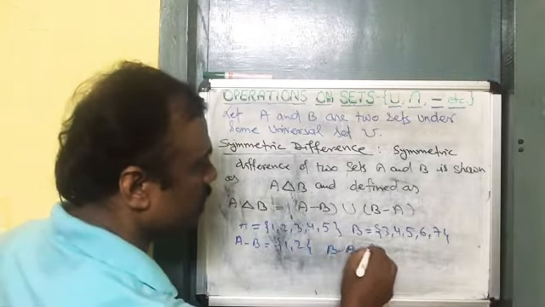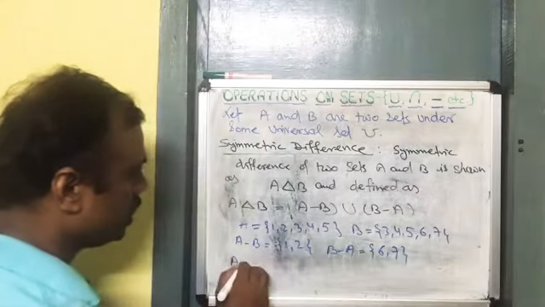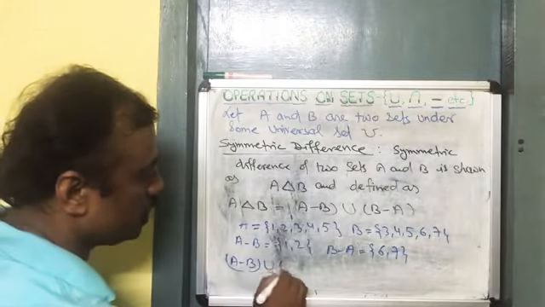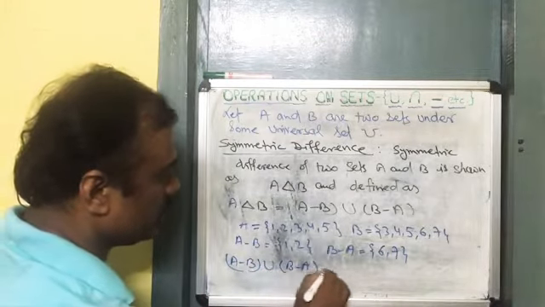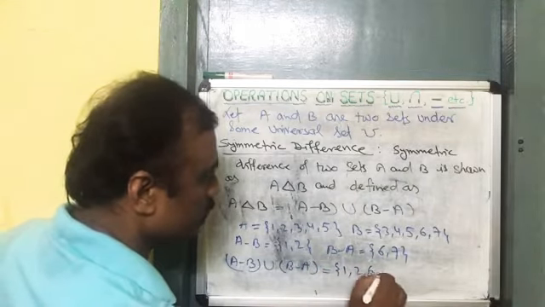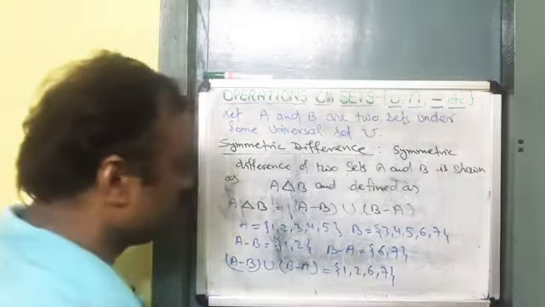B minus A is 6 7. So what is the union, A minus B union B minus A? It is 1 2 6 7. So this is the symmetric difference of A and B.